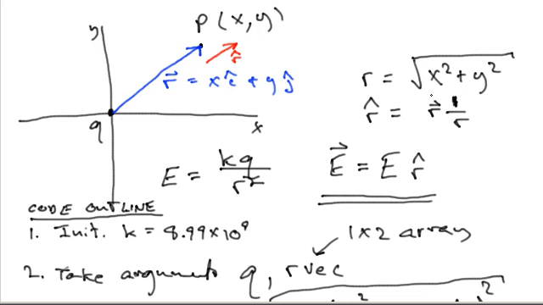Let's fix that up at this stage. So the electric field at this point, that'll be the electric field for the case of a positively charged particle. Be in the exact opposite direction if it's actually negative.